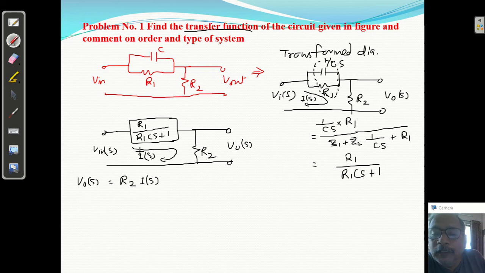Similarly, if you write the KVL in this loop, V in of S is equal to what? The same current is flowing here and here.